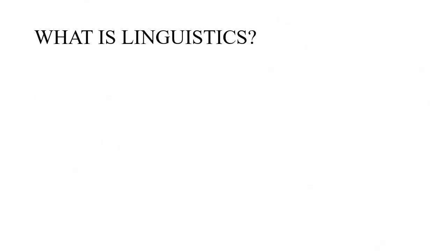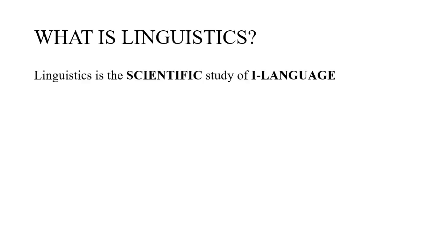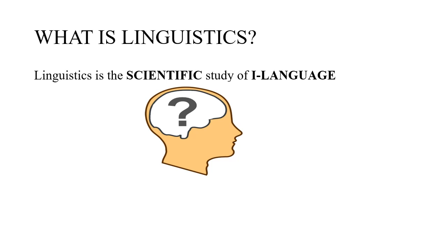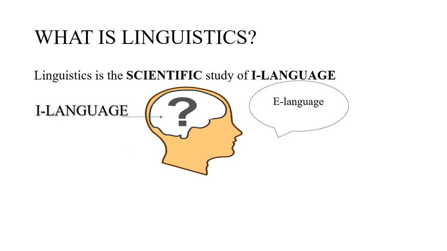So now we're ready to answer the question of what is linguistics. We said that linguistics is the scientific study of I-language. We understand what we mean by scientific, and we understand what we mean by I-language. Now remember that the way that we're going to study I-language is we're going to use the E-language as our window to the I-language, but our main objective is to create a model for that I-language. And this is what we're going to be doing in this course.